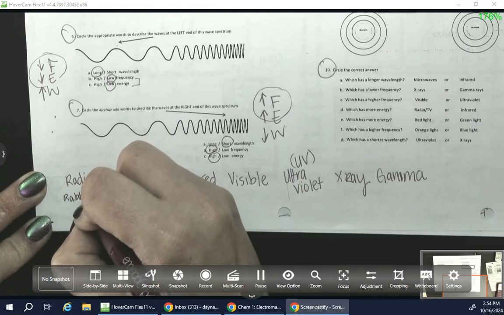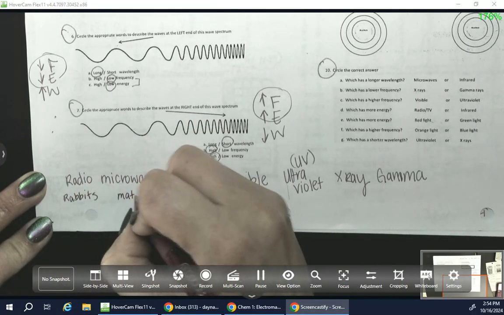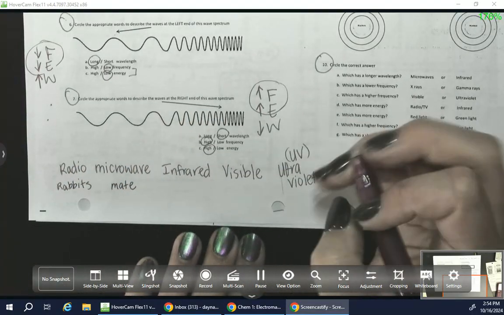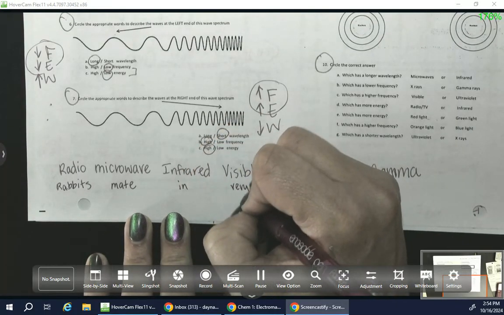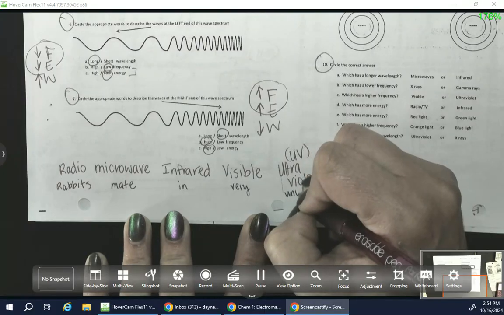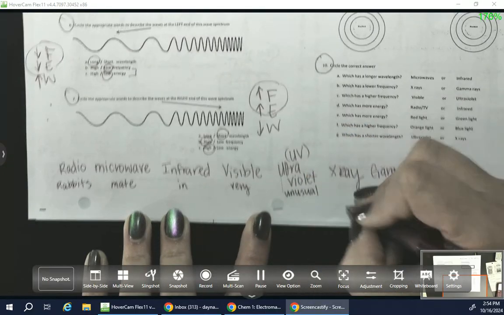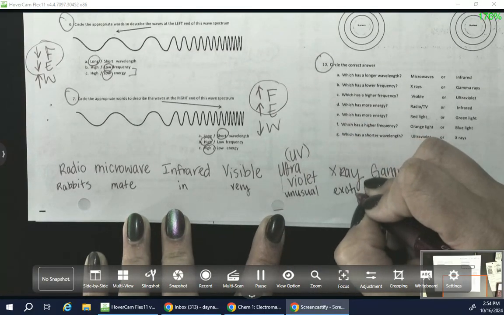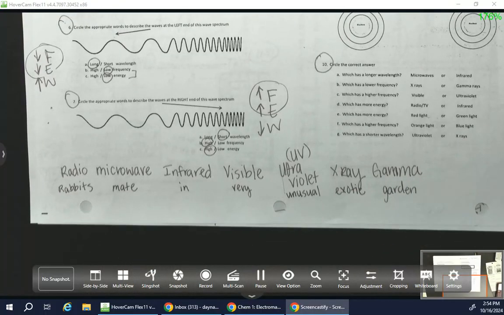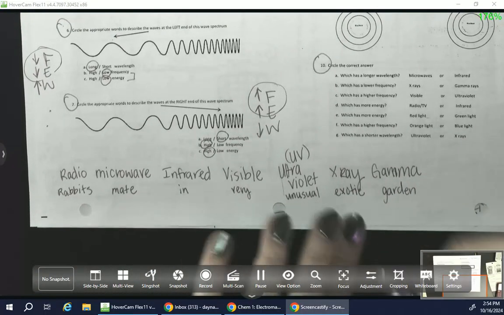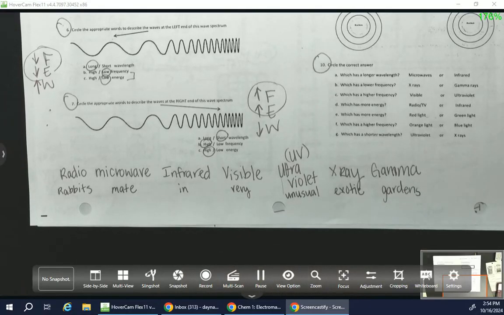It's a random sentence, but I will say I've never forgotten it. All right, so rabbits mate in very unusual exotic gardens. You do not have to write that down if you don't want to. All right, so that's just showing us the order.